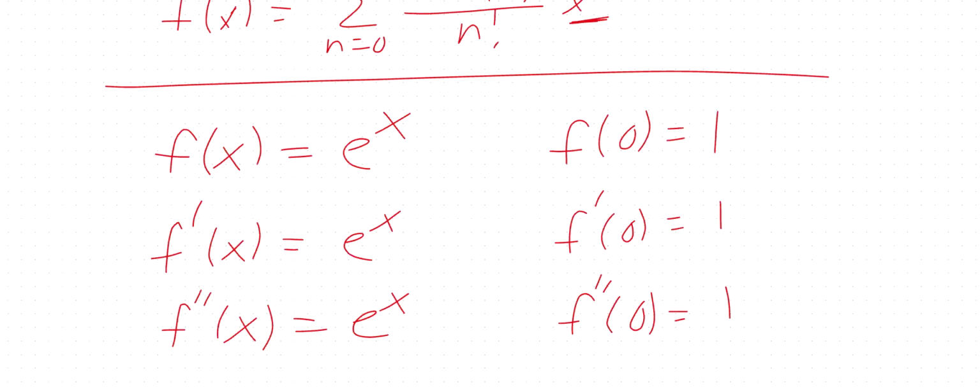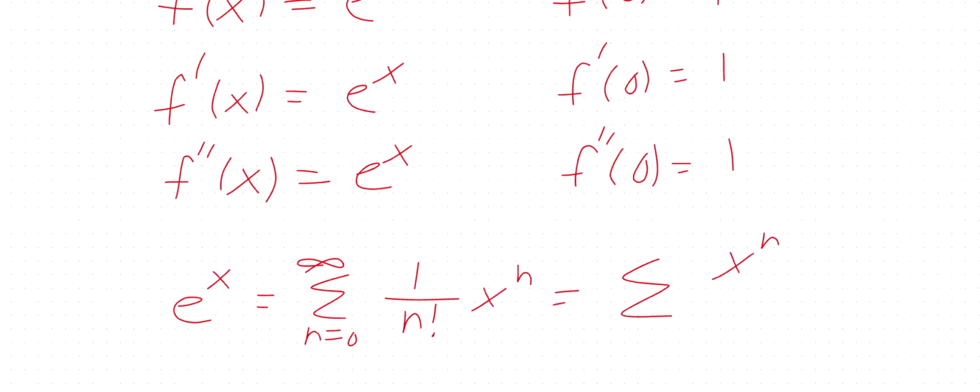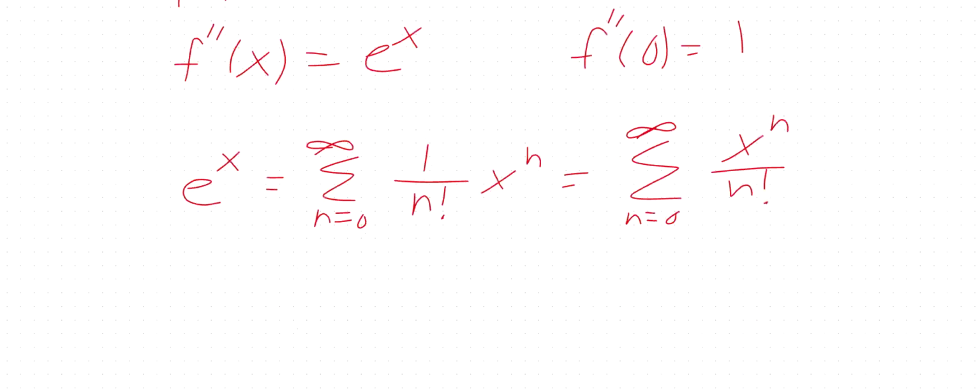So using our equation, it's a 1 because that's all of our derivative values over n factorial times x to the n. Or if you want to simplify this a bit, x to the n over n factorial. Now, let's go ahead and check for our radius of convergence.